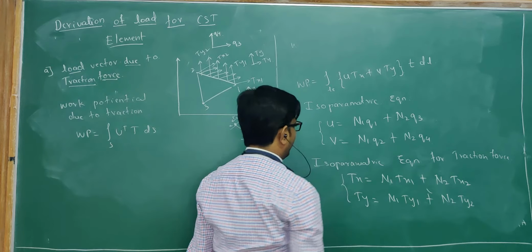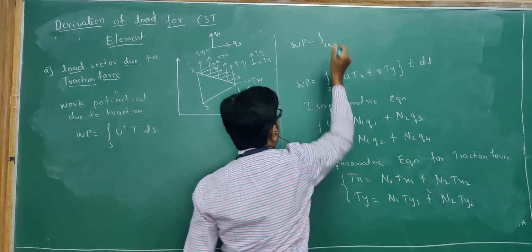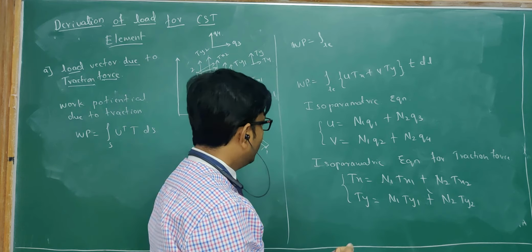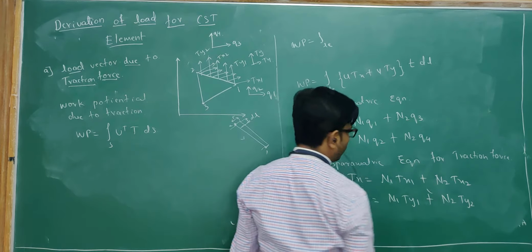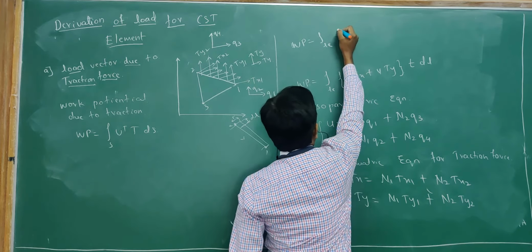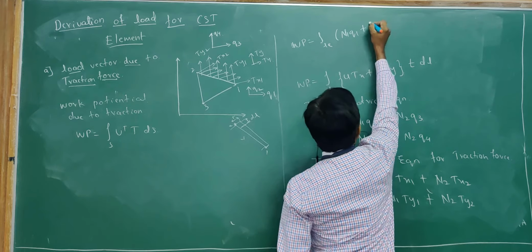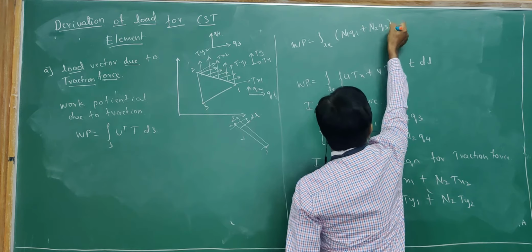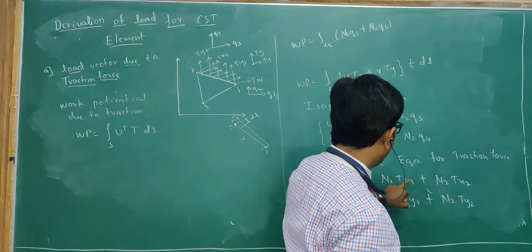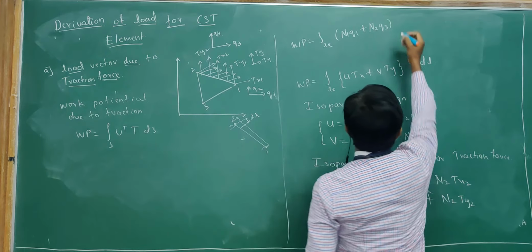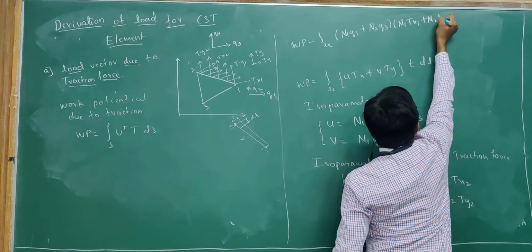So if I write it, the work potential is given as the integration over the length LE of u, which is n1 q1 plus n2 q3, multiplied by Tx, which is nothing but n1 Tx1 plus n2 Tx2.